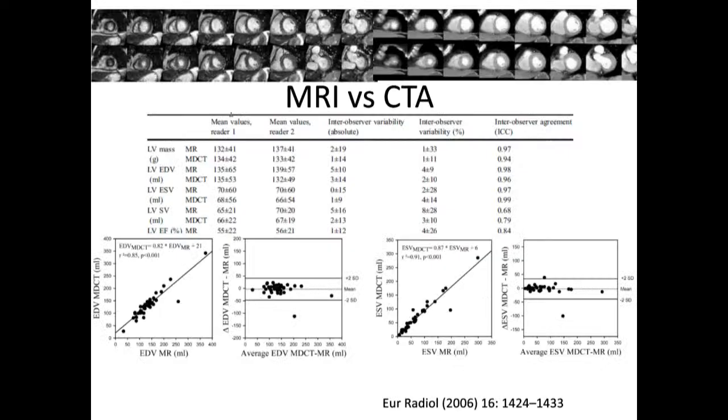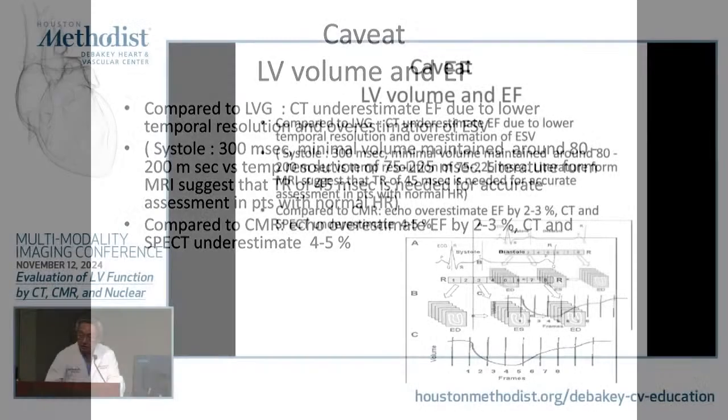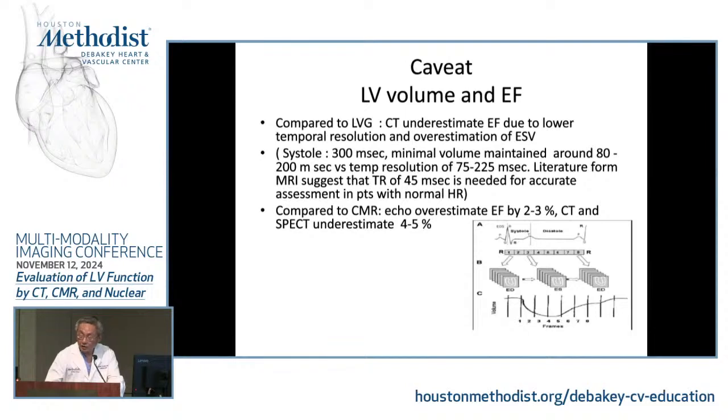And MRI versus CT, as you can see, the correlation is, if not perfect, almost perfect. And the caveat is similar to what we talked about, right? EF is underestimated because our temporal resolution is not as good. We almost never catch the real end systolic and diastolic volume, all right?